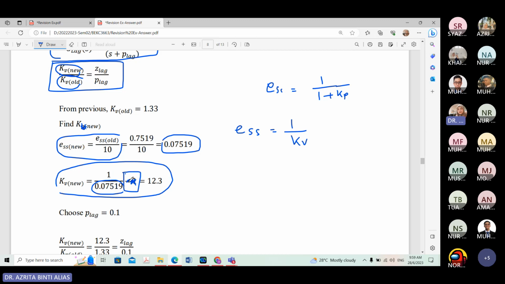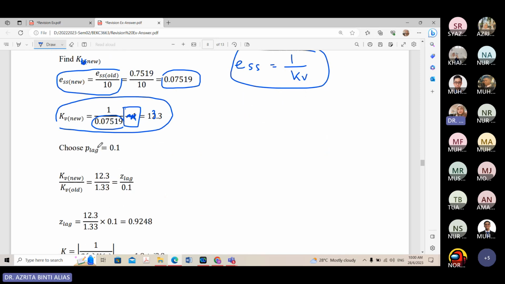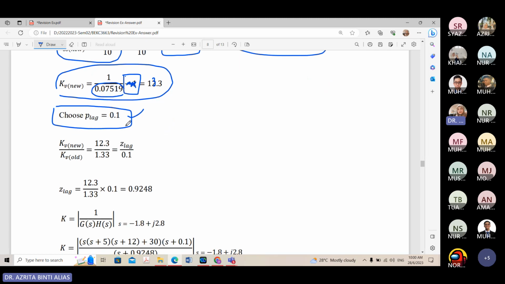So no need to minus 1, since the formula for the KV is given by 1 over KV. So the answer should be 13.3. And then we just choose the P lag, so 0.1. To keep it easy, just choose 0.1 for the P lag.